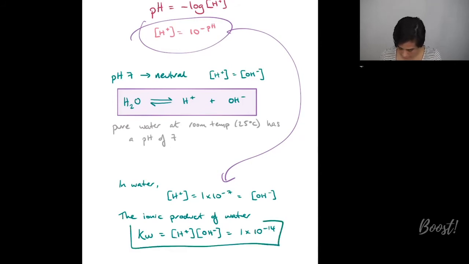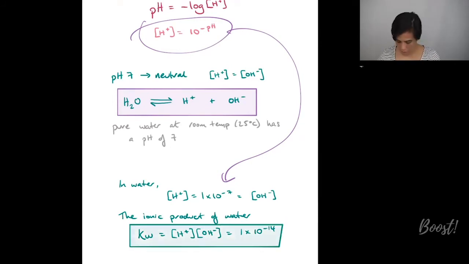If we multiply the concentration of H+ with the concentration of OH-, which we've just said will both be 10 to the -7, then we get the ionic product of water, which is the product of the concentration of H+ and the concentration of OH-, which gives us 1 × 10 to the -14 at room temperature.